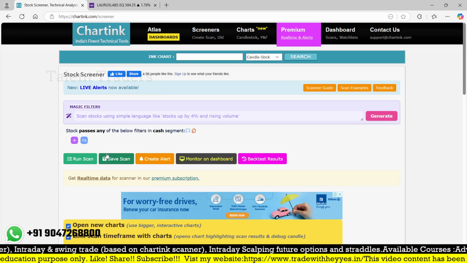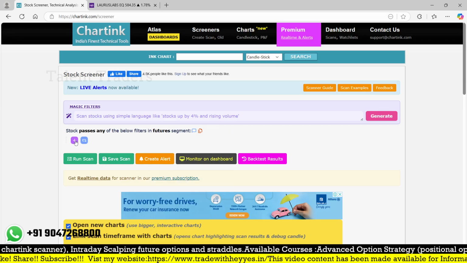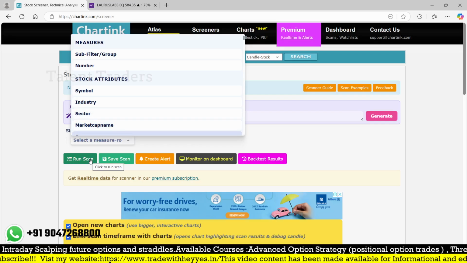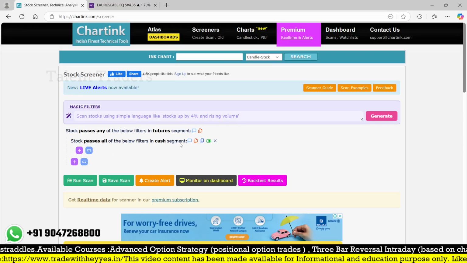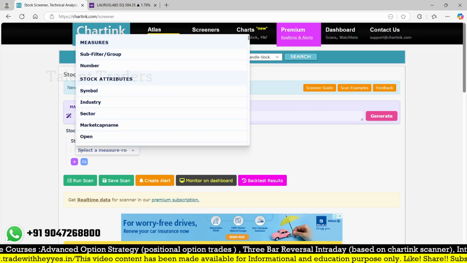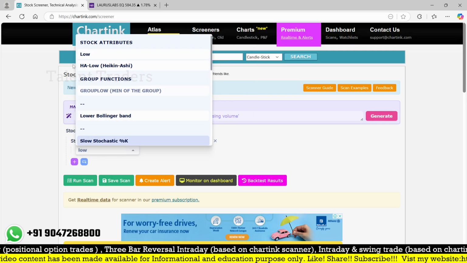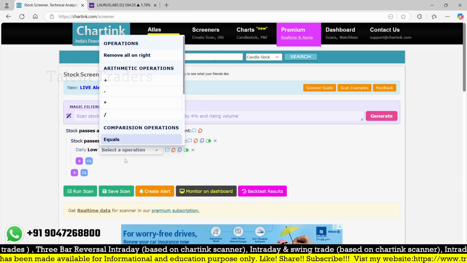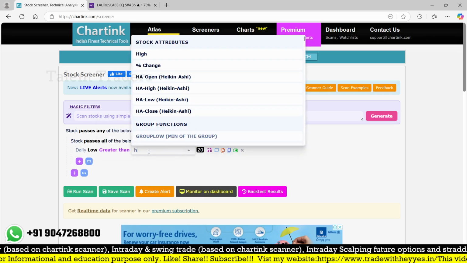If you are creating any of these conditions in a scanner, we add two conditions: the first for the bullish one, and the second for the bearish one. The low of the current candle must be greater than the high. This is a simple condition.